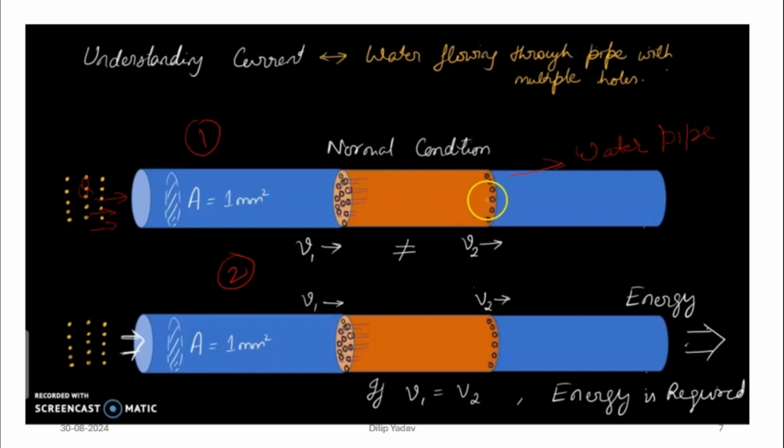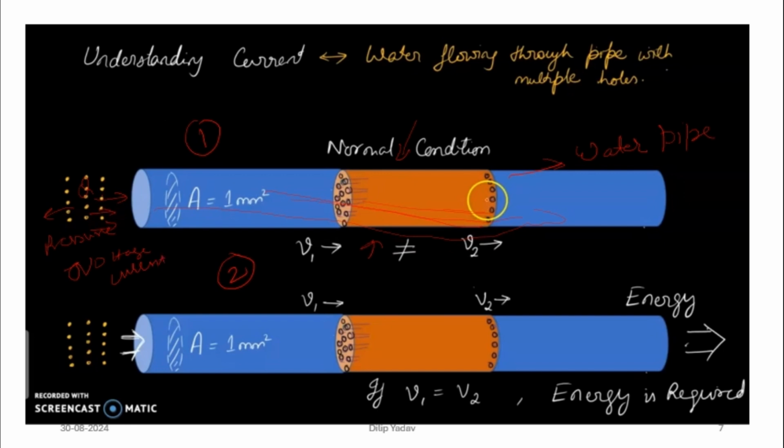This charge is flowing through the 1 mm square, and this is a normal condition where we are not inserting any pressure. All the charges coming in will pass through, as the external source is there. The external source here is the pressure, and in an electric system we have the voltage, or the current, that drives the circuits.